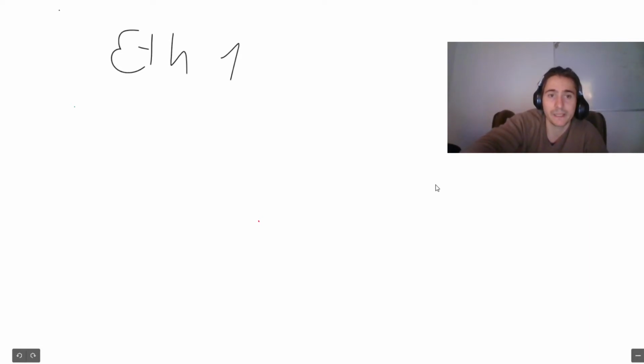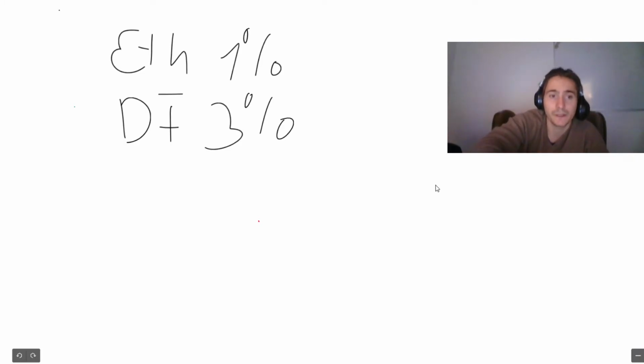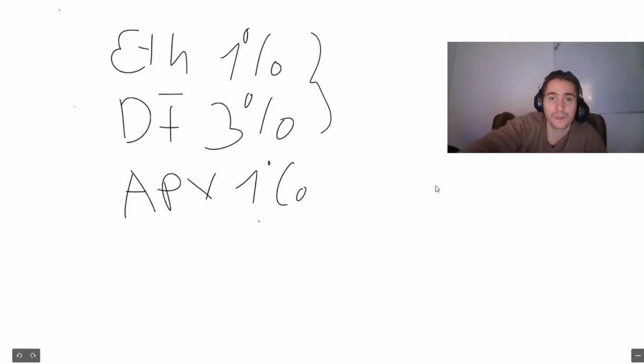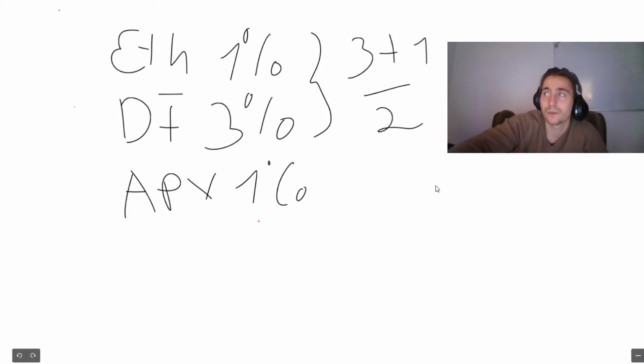of 1%, and the DeFi coin pays 3%, and at this day the APY is 1%. Then the average performance from these two is 3 plus 1 divided by 2.